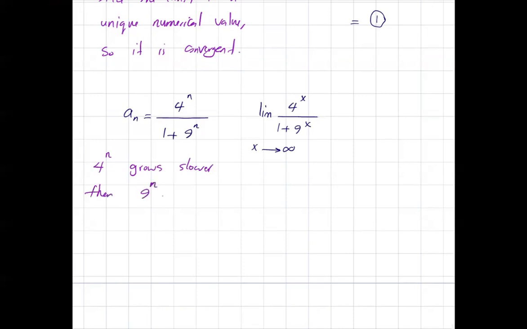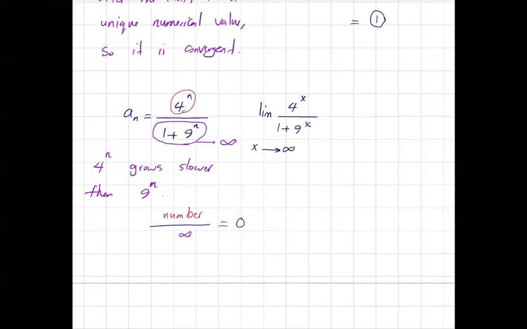What's the meaning of that? At infinity, the quantity in the denominator is going to infinity much faster than 4 to the n. So intuitively, you have a number divided by infinity, so you have 0 as the limit.